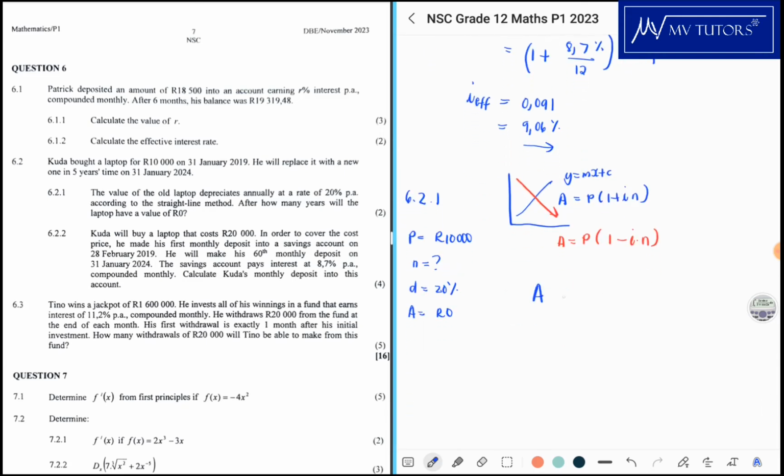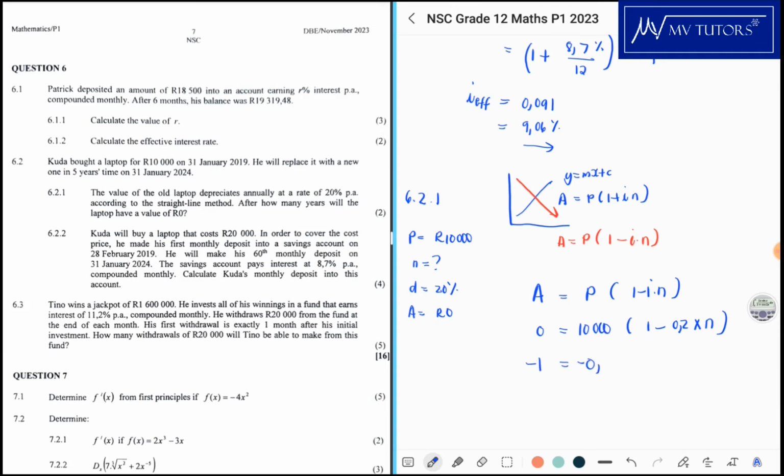So we have A is equal to P(1 minus i times n). We have 10,000. We have 0. We have 1 minus 20%, which is 0,2. And n is what we're trying to solve. Okay, so if we take 10,000 to the other side, that's basically 0. And if we take 1 to the other side, we have negative 1.